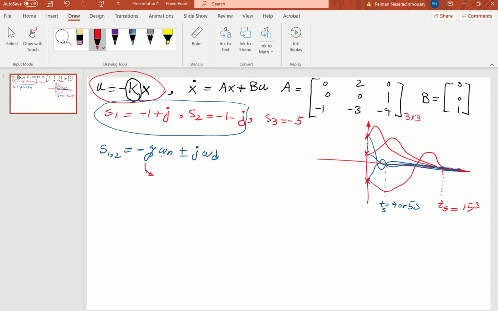Zeta was the damping ratio, if you remember. Omega n was the natural frequency of the system. And omega d was the damped natural frequency. The d stands for damped.